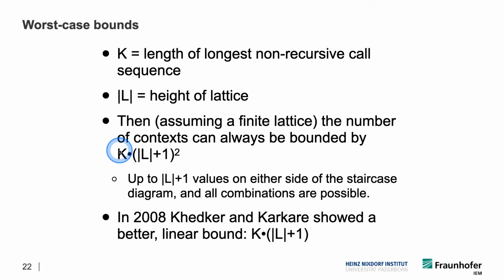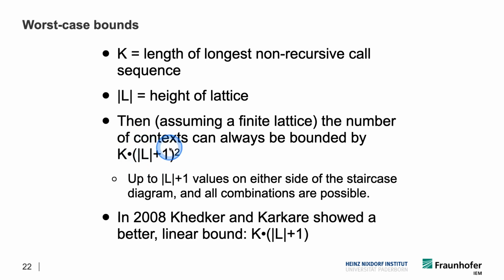So you have a k here, which is this length of the longest non-recursive call sequence. That can be large. Your lattice can often be fairly high, depending on what you want to do. And if it is high, so if it's a non-trivial lattice, then this number is even squared, right? So you can end up having actually quite a large value.